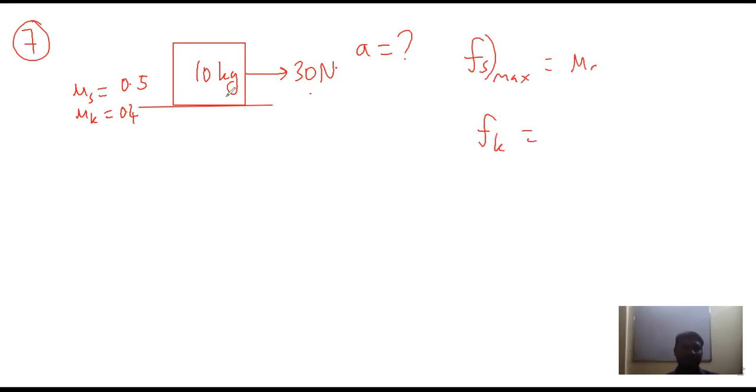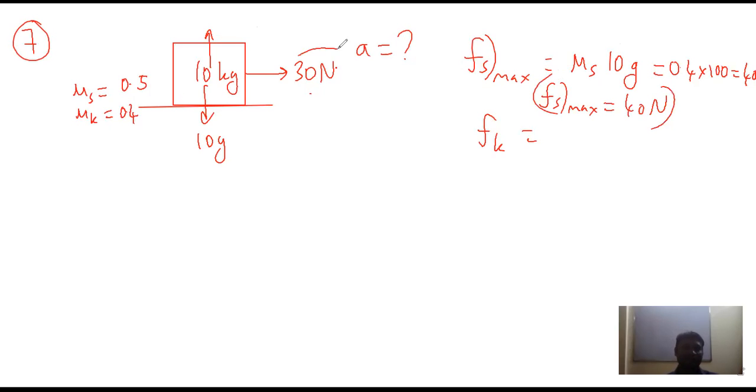Mu s into N, where N is the normal reaction, so mu s into mg, which is mu s into 10g. Mu s into 10g is 0.4 into 100, which is 40 Newton. So the maximum value of static friction is 40 Newton. Because the applied force is less than the maximum value of static friction, no motion occurs.